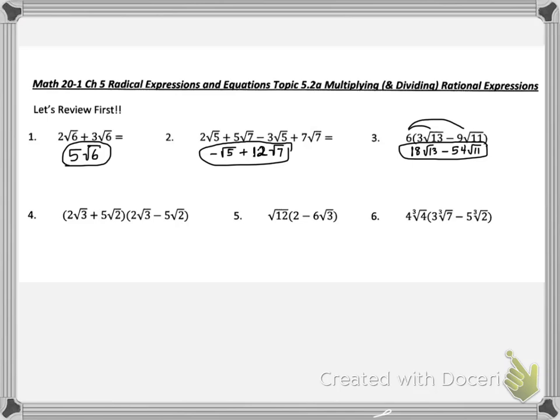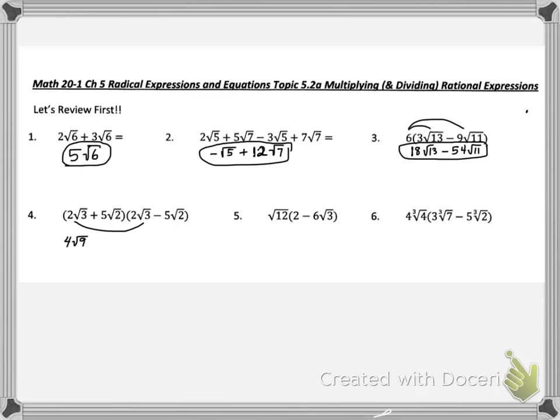In example 4, we have 2 binomials. That means we have to use the FOIL method. First times first, 2 root 3 times 2 root 3 will be 4 root 9. Multiply the whole numbers together and multiply the roots together. Now we're going to get 2 root 3 times negative 5 root 2.